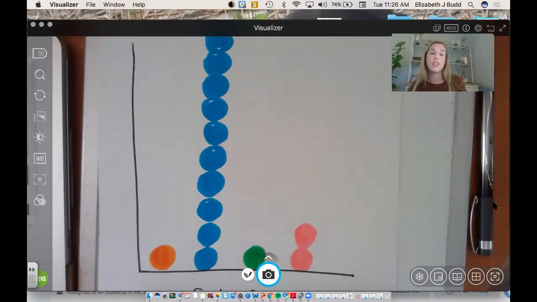Your answer should be 8, because there are 10 students that like the color blue and only 2 students that like the color pink. To find the difference between the 2, we would take the number 10 and subtract 2. In our head, we can do 10 minus 2, which equals 8.